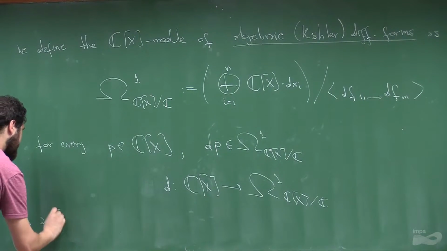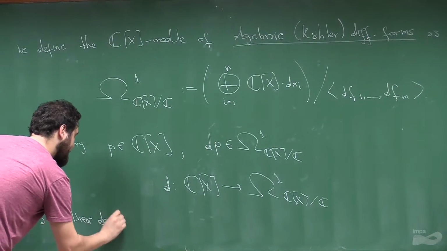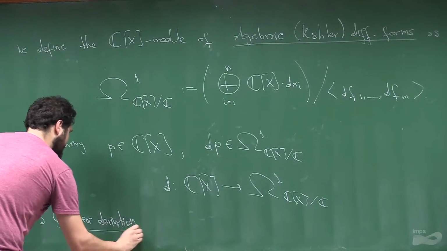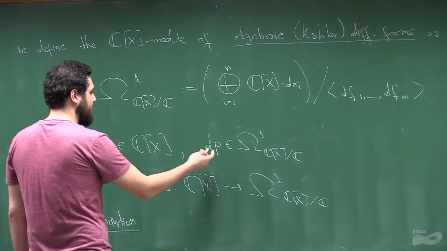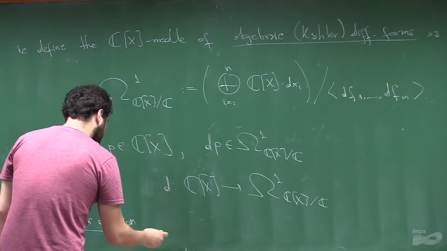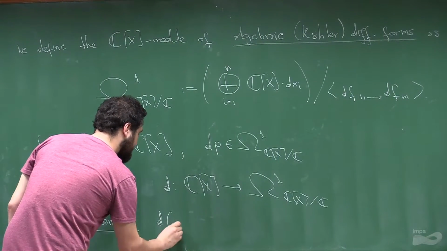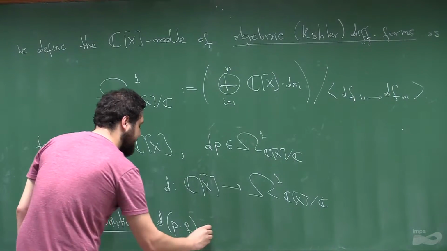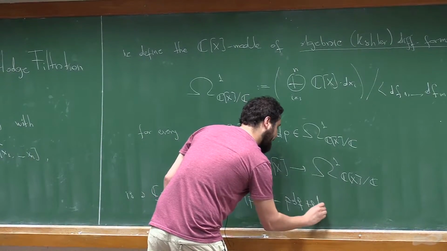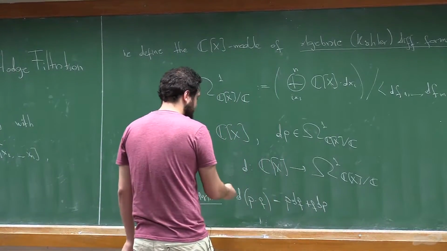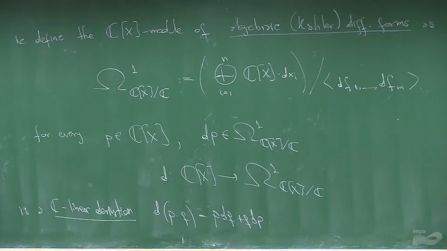This is a C-linear derivation. So this is how you define this module, in fact. Linear derivation means that it satisfies the Leibniz rule, right? And it's linear.